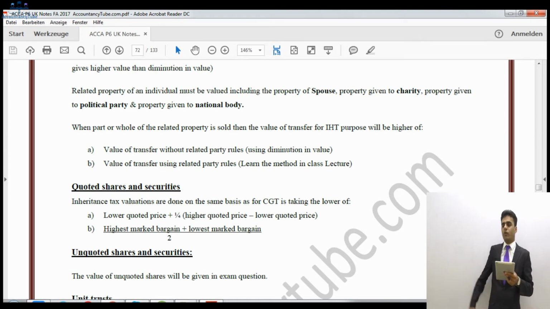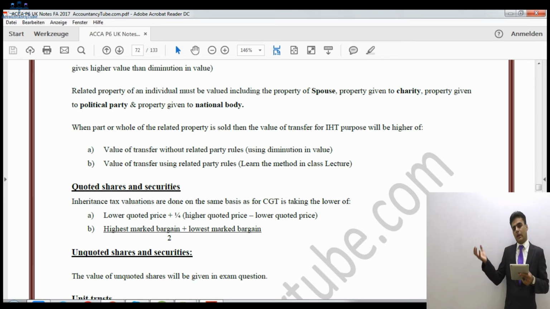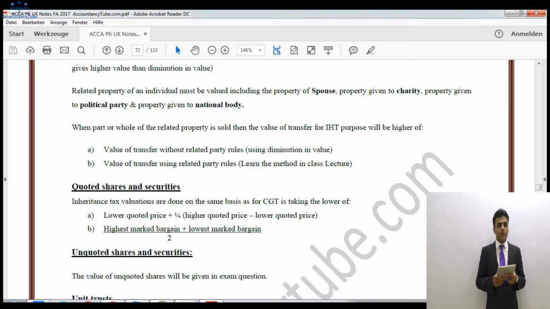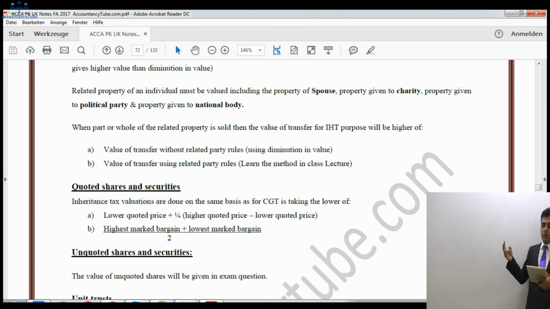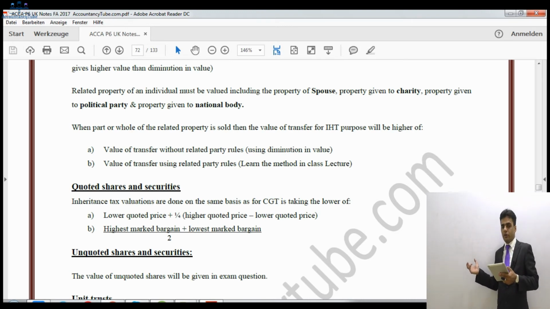Right, so we have the value before transfer including related property, and the value after transfer including related property, and the remaining amount is the diminution in value. This second calculation considers the related property as well. So we have done two calculations, diminution in value excluding related property and including related property.